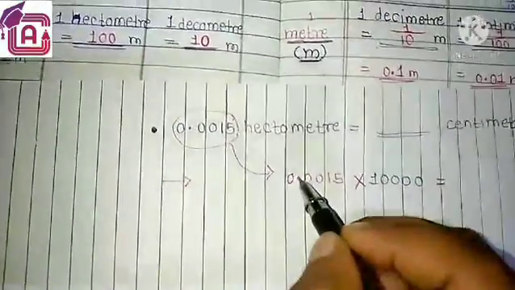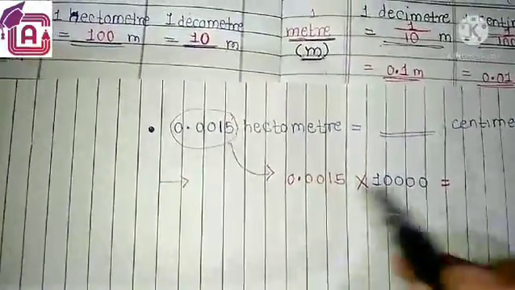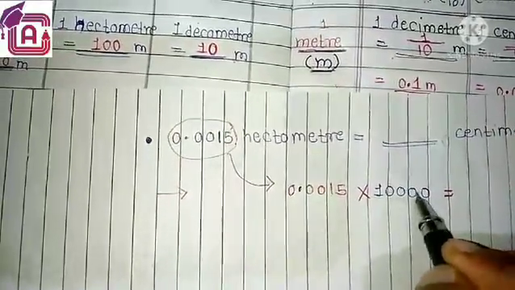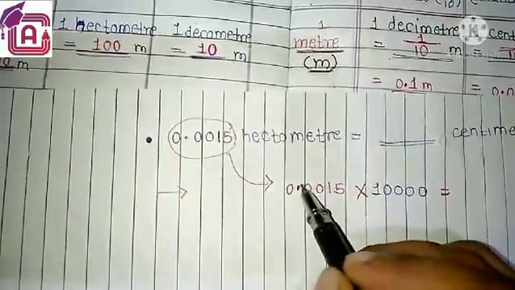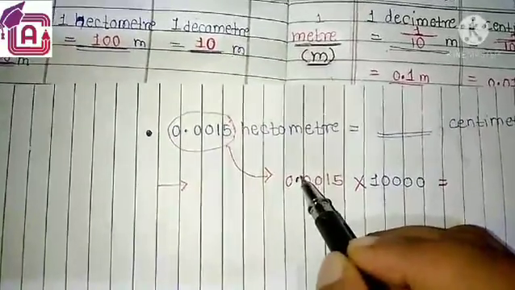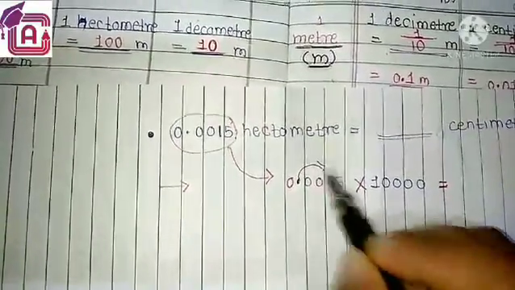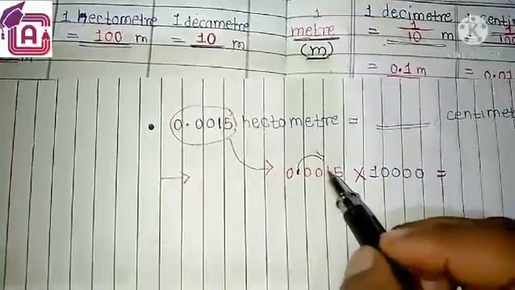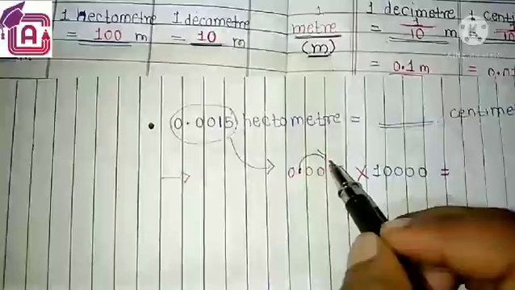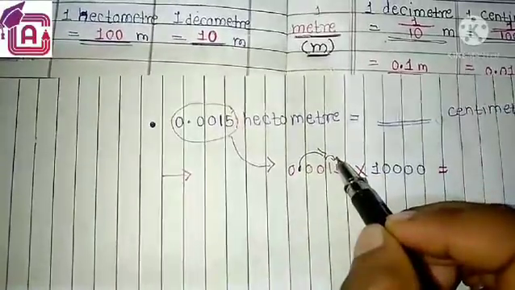So look at this, this is our position of the decimal point. How many zeros? 1, 2, 3, 4 on the 1. So we have to shift this decimal point towards the right hand side. How many places? 4 places. 1, 2, then 3 and then 4.